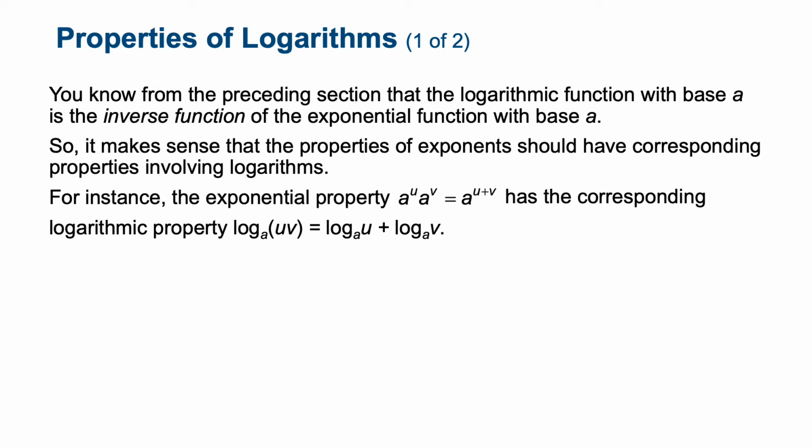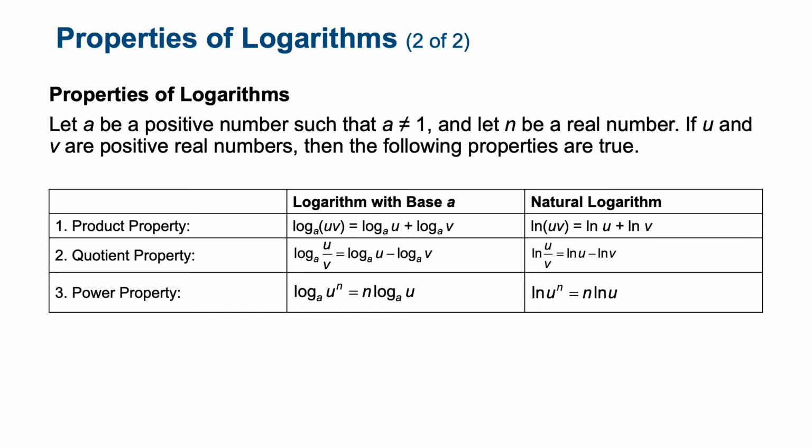The corresponding logarithmic property would be log base a of the product uv is equal to the sum of log base a of u plus log base a of v. You notice here, when you multiply, you add. There's a couple of properties: product, quotient, and power.